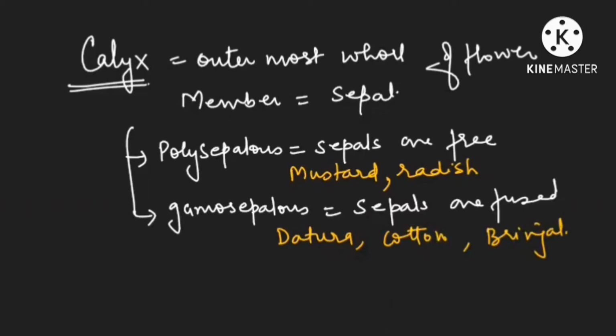Now see the modifications of the sepals. Actually, sepals are green in color and their work is to protect the flower in the bud stage. But sometimes the sepals are modified. They are modified to form pappus, which helps in the dispersal of the seed.